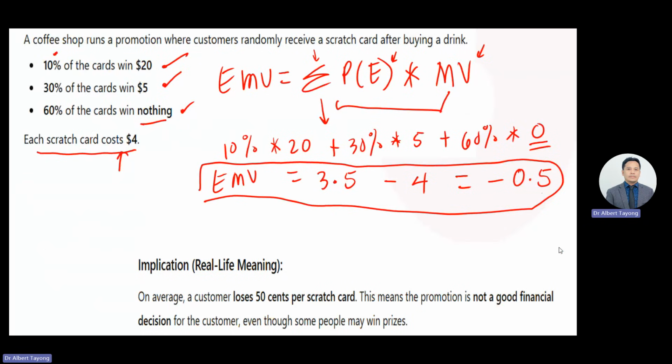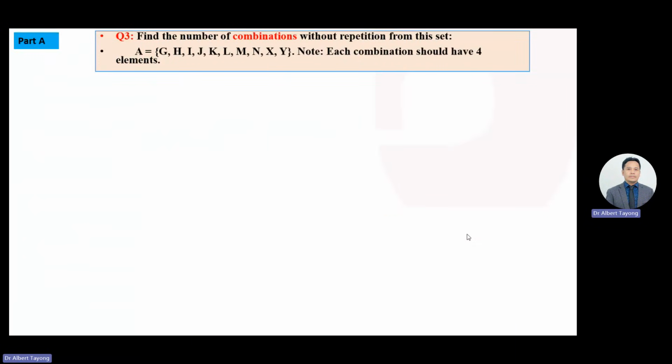In Omani reals, it's like 500 paisa, loss every time. So assuming you're going to do it 1,000 times, so most likely you're going to lose 500 Omani reals because it's negative 0.5 as our EMV. Okay, so let's proceed to the next.